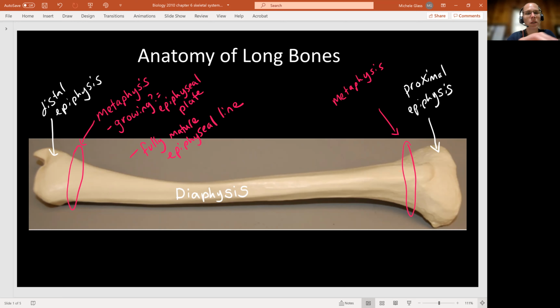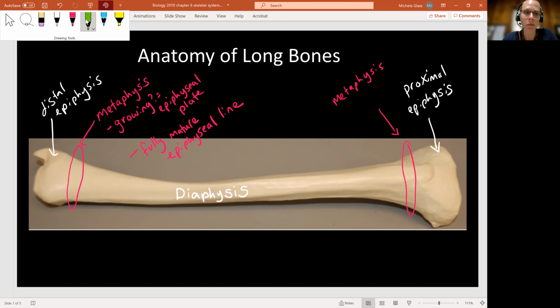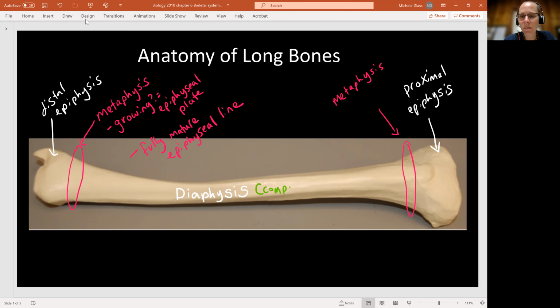Now, we also mentioned in our last video about the difference between compact bone and spongy bone. And so it's important to note that the diaphysis is lined by compact bone. It's important to note that the epiphysis is on the outside covered by compact bone.